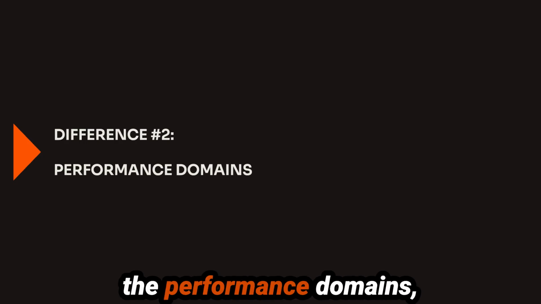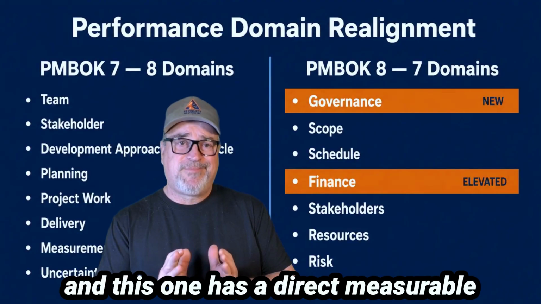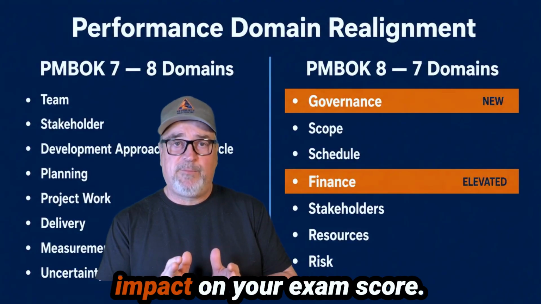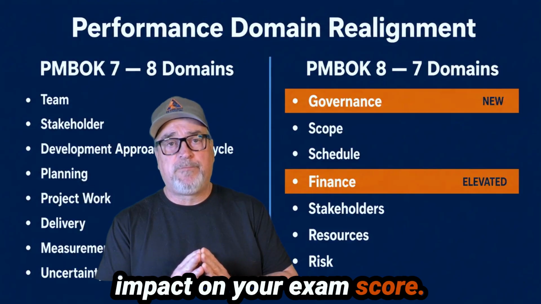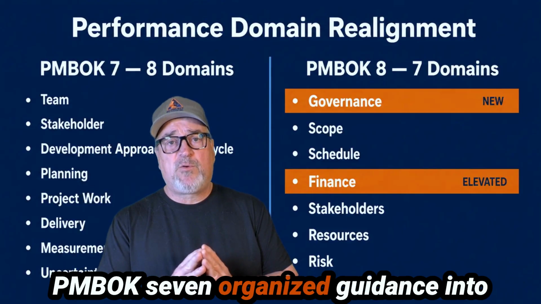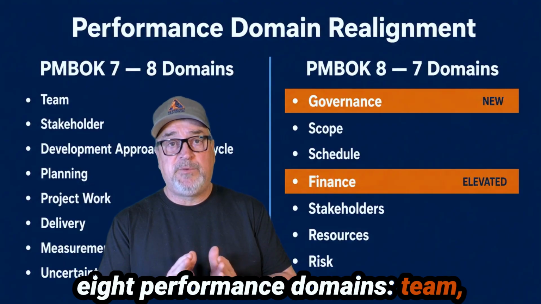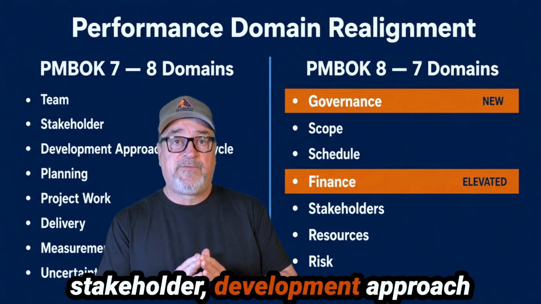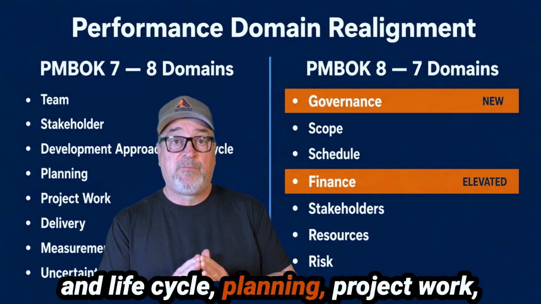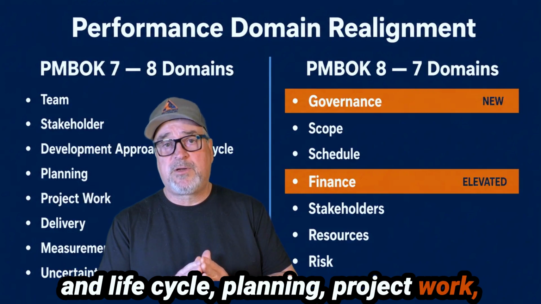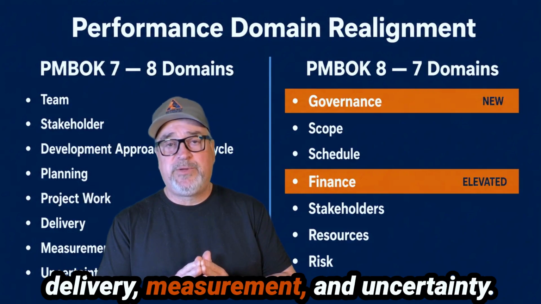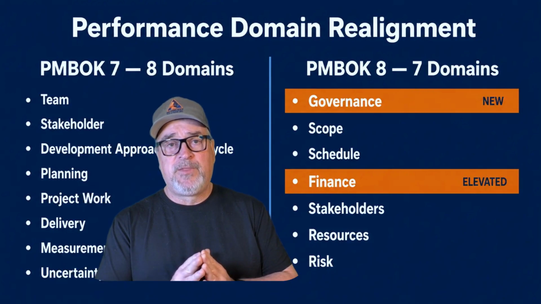same. Difference number 2 is the performance domains, and this one has a direct measurable impact on your exam score. PMBOK 7 organized guidance into 8 performance domains: team, stakeholder, development approach and lifecycle, planning, project work, delivery, measurement, and uncertainty.